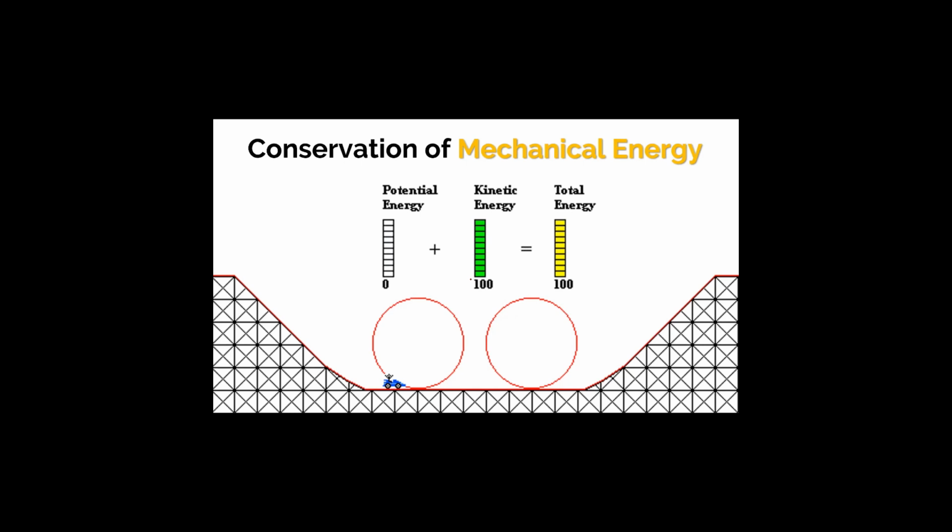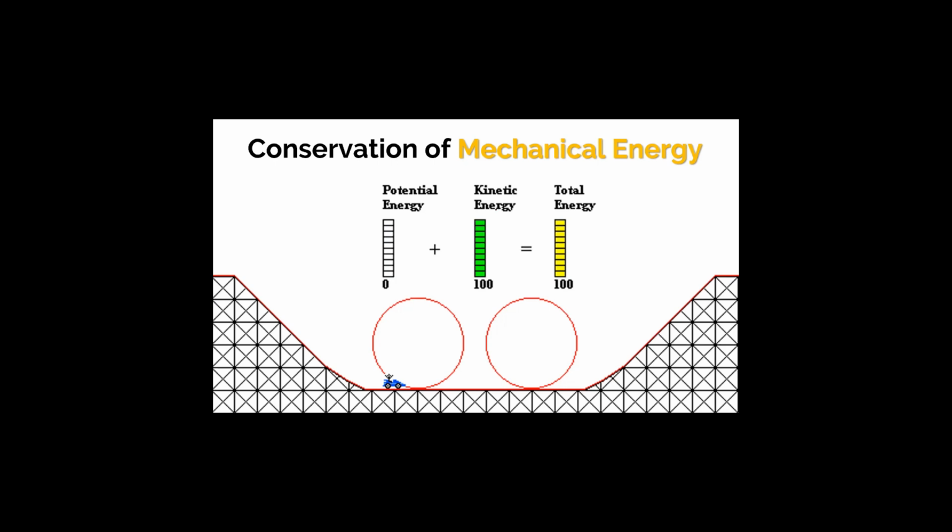For example, as it reaches its maximum speed, then slowly it slows down, then the kinetic energy will decrease.